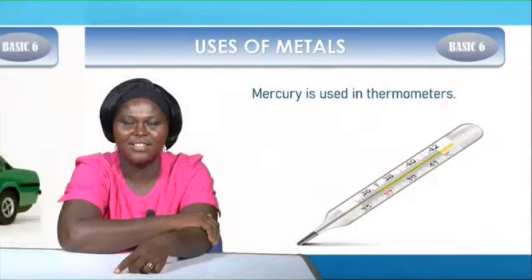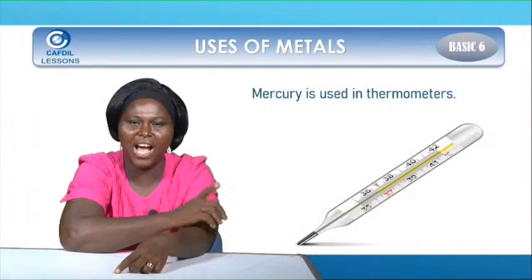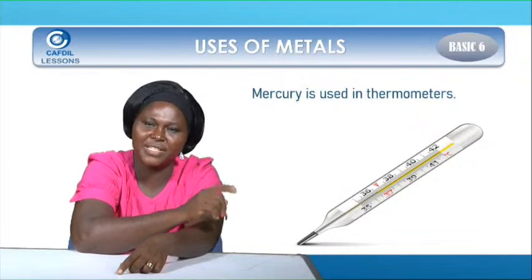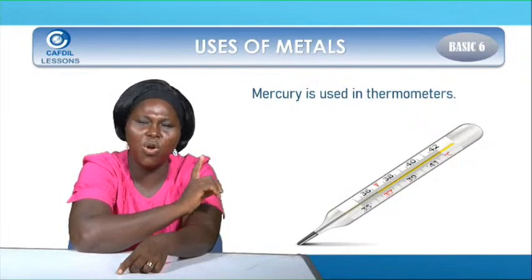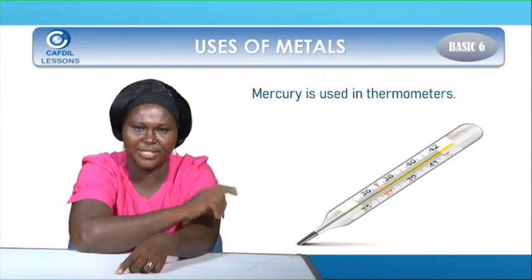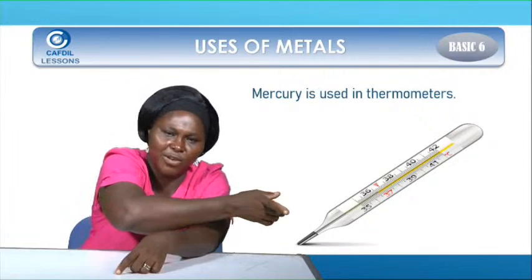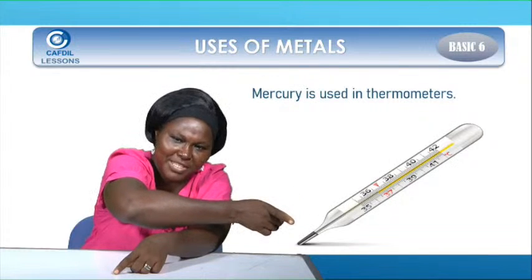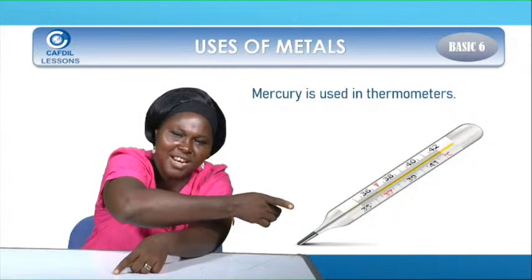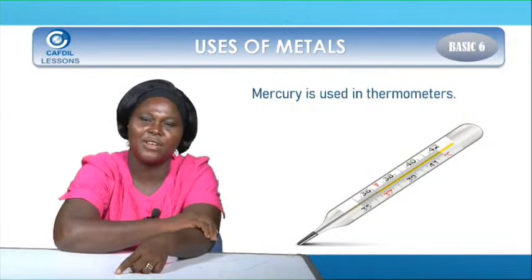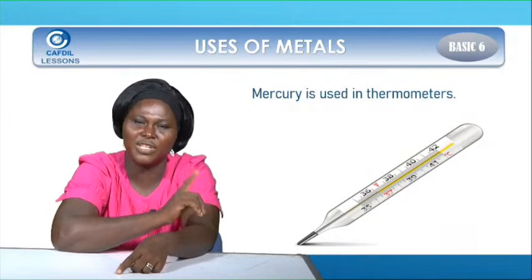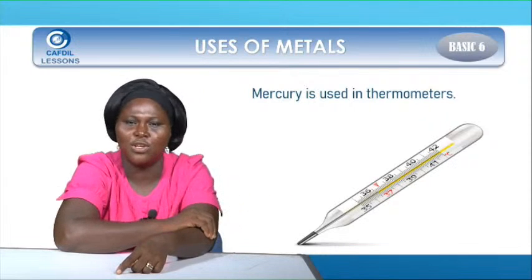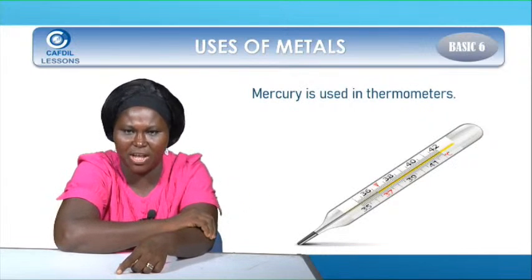Let's look at another one. Now, as we saw, mercury is used in thermometers. Mercury is the only metal which is liquid. Now we have on our screen a thermometer, a liquid in glass thermometer. When we are sick and we go to the hospital, a thermometer is used to check our temperature.